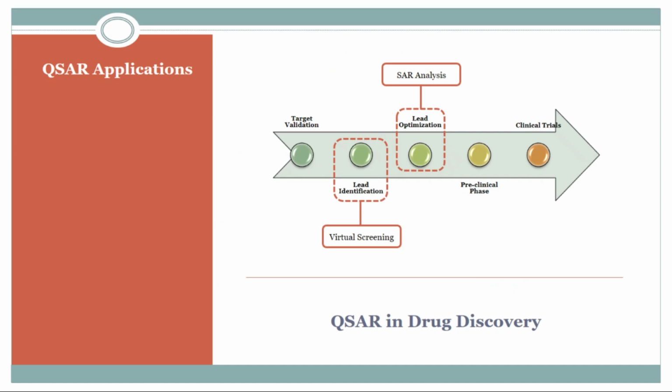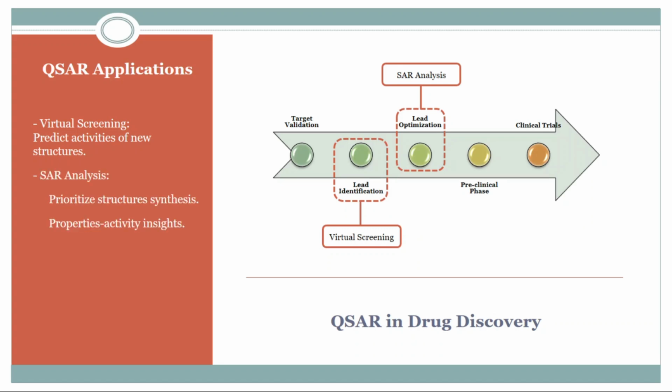Now, as for the applications of QSAR modeling in the drug discovery stages, from the model uses which we just saw, obviously since they can be used to predict the activities of new structures, they can be used in virtual screening. So in the lead identification phase, we can use a QSAR model to predict activities of structures and get new hits or new active structures.